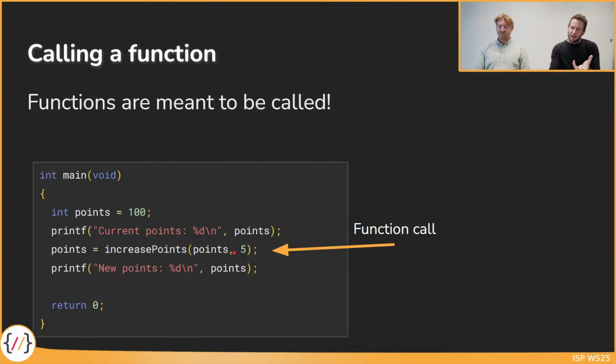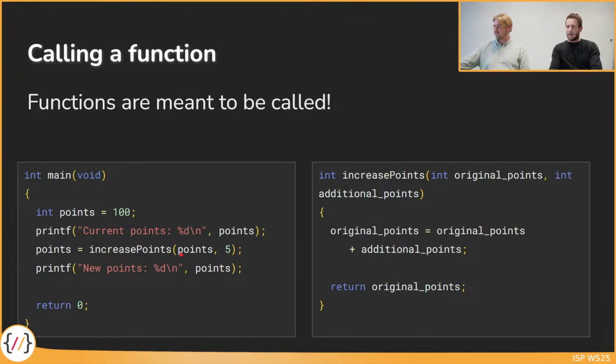These are the values that the function then uses with its parameters. So the first one would be the original points, and the second one would be the additional points. In our case, those two point values would be added, and then the result of the function would be stored into the points variable. So the points variable is updated by this new value that gets returned from the increase points function.